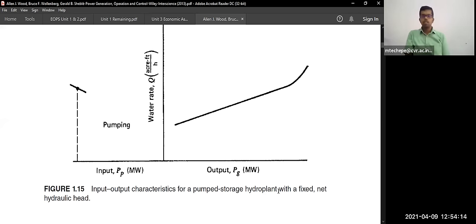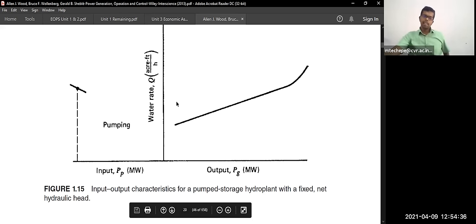Pumping needs more mechanical energy, and that is directly proportional to electricity also. So you need to spend more so that water is pumped to the first stage.